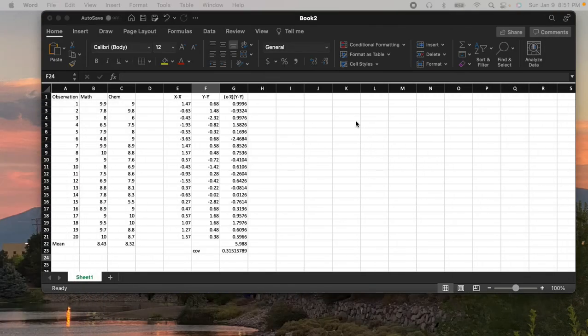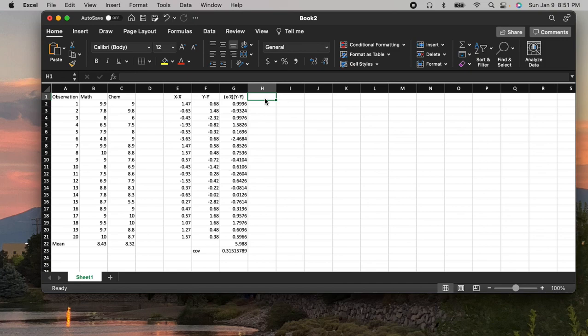So what we're going to do here is type x minus x bar, and then we need to square that. We already have x minus x bar, so all we need to do is square that. We type in equals, and we elevate that to the second power.